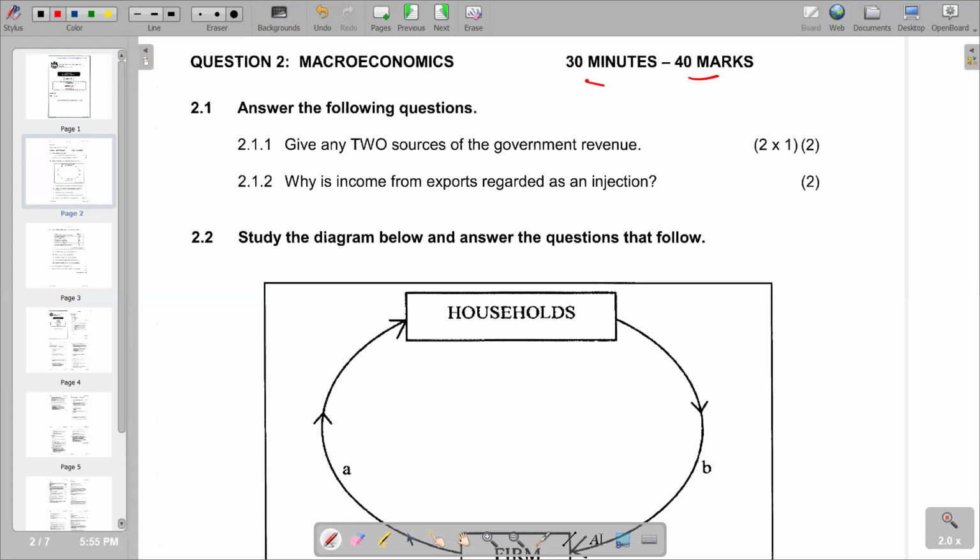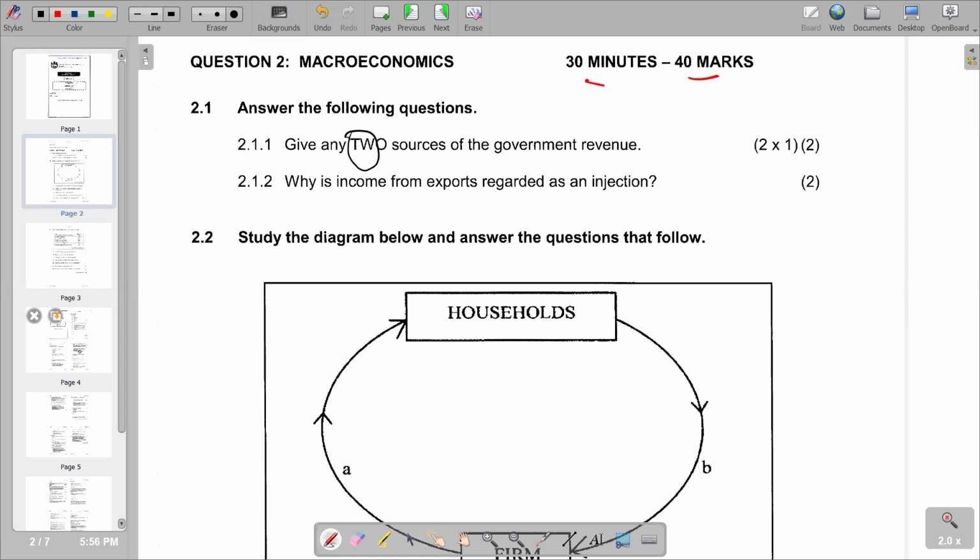We also have value added tax. Excise duties also can be part of that. Those are the different sources that we can include on 2.1.1 as our sources of revenue. So let's take note, our question only requires two sources.